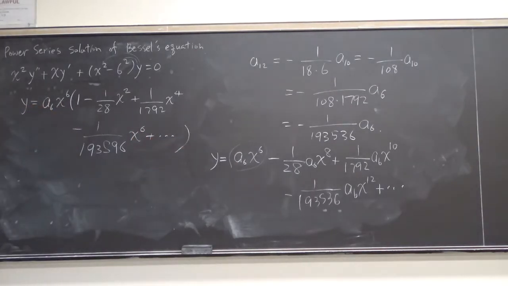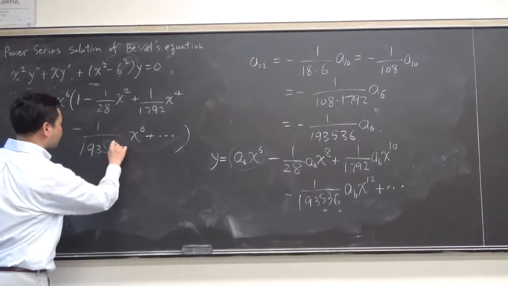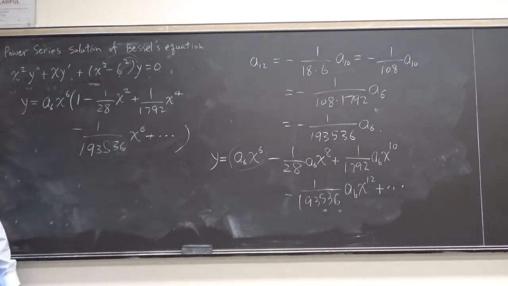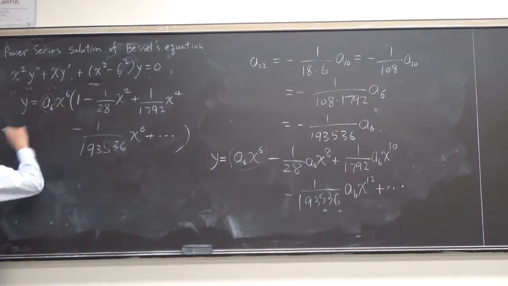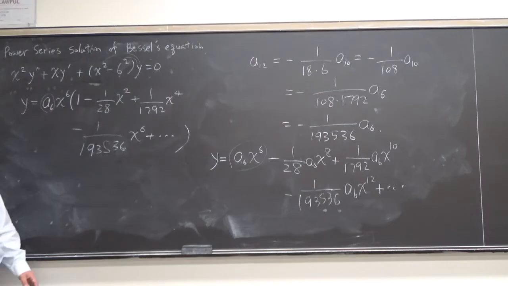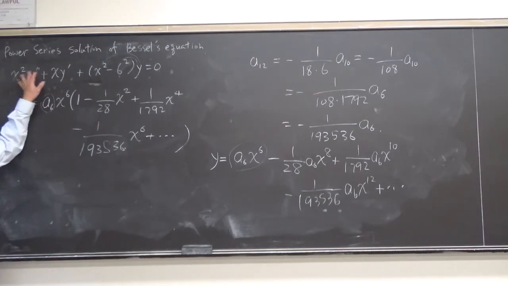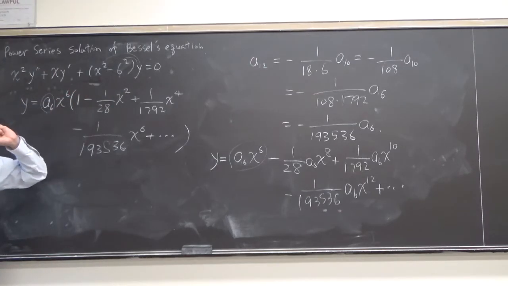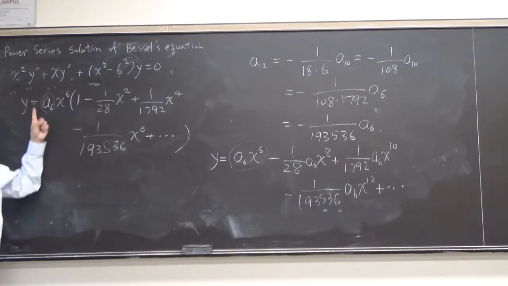If you write it like this, then first it tells you that there's only one free parameter, right? So every solution of this with no singularity at 0 will be just some multiple of this function, okay?